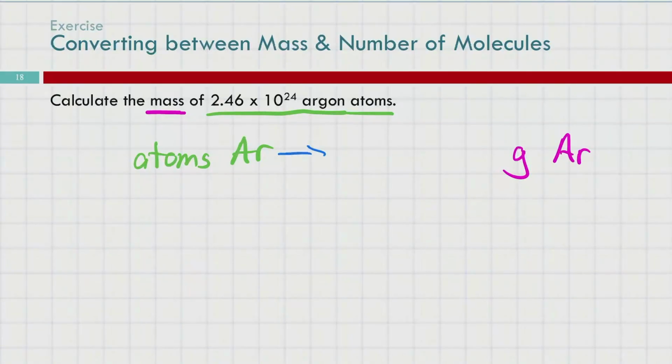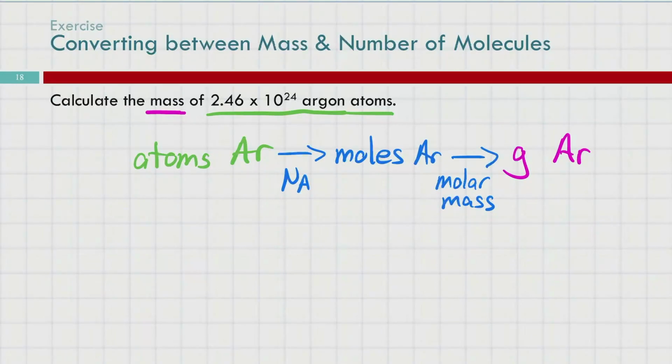We can convert from atoms to moles and from moles to grams. So we've got a two-step calculation. We're going to be using Avogadro's number for the first step and our molar mass for the second step.